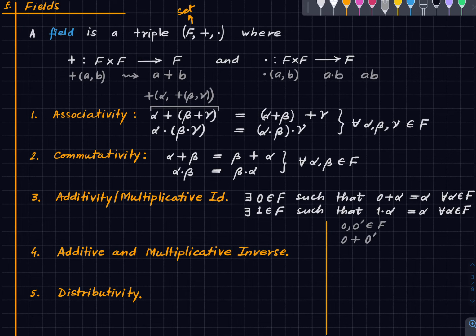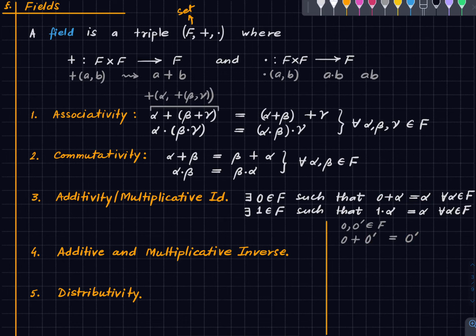It is the same as 0 prime, because just think of 0 prime as alpha for the moment. By the definition of additive identity, 0 plus alpha must be alpha. So 0 plus 0 prime must be 0 prime. Okay?